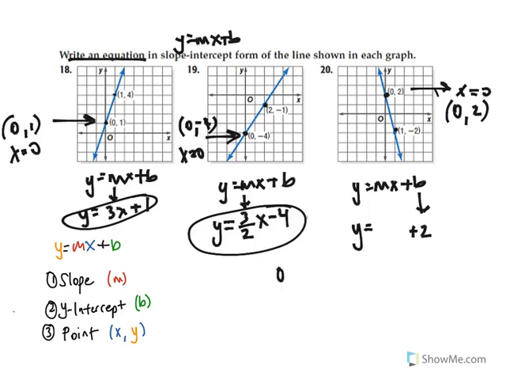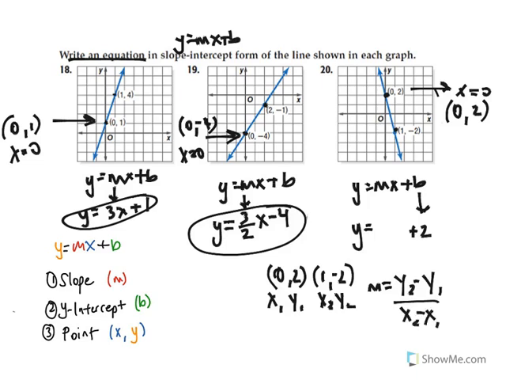Let's use the 2 points that they give us to find the slope. I write the equation, and I get slope equals -2 minus 2 divided by 1 minus 0. -2 minus 2 gives me -4. 1 minus 0 is 1.